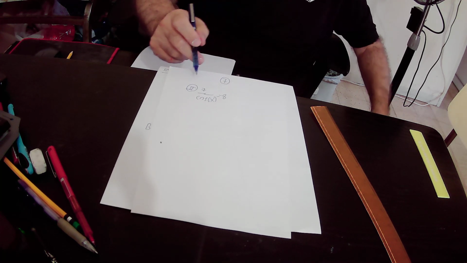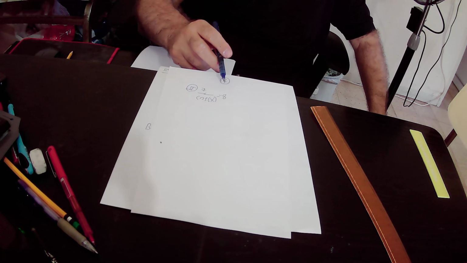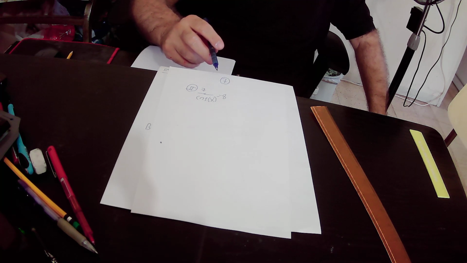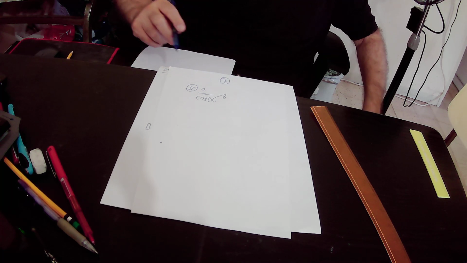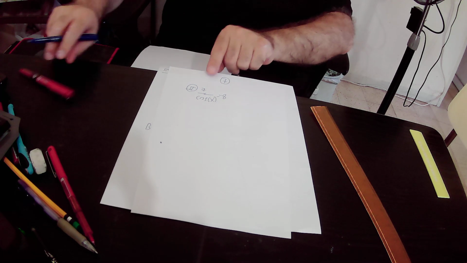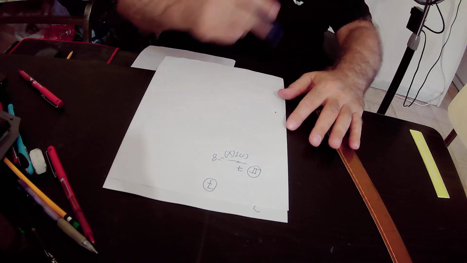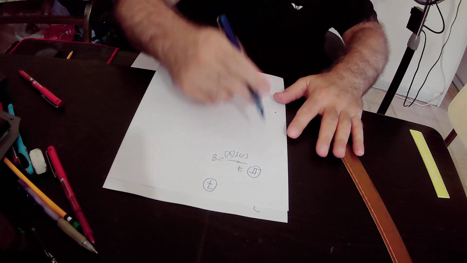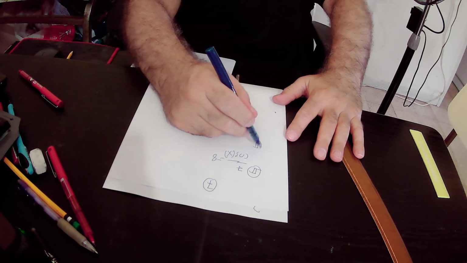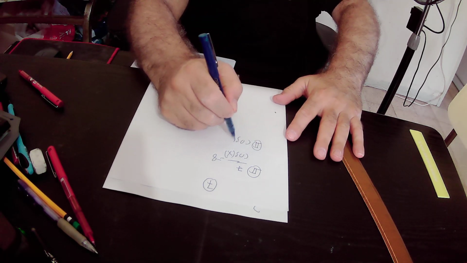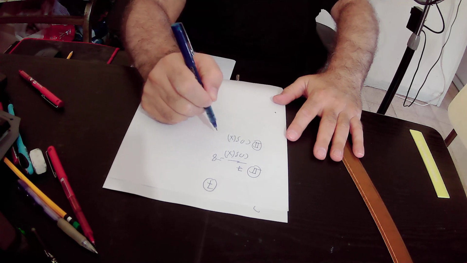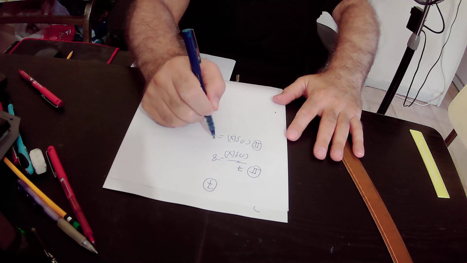Here we will multiply this equality by cosine x and then divide it by 8. We will get that cosine x equals 7 over 8.